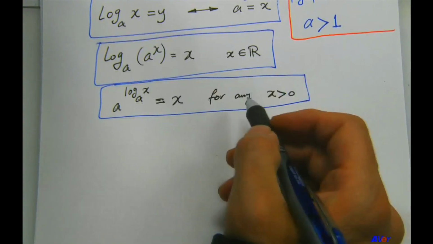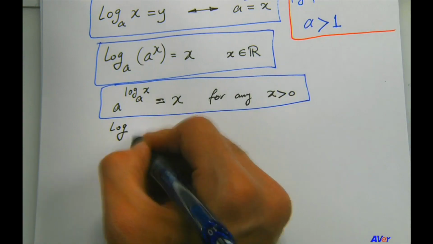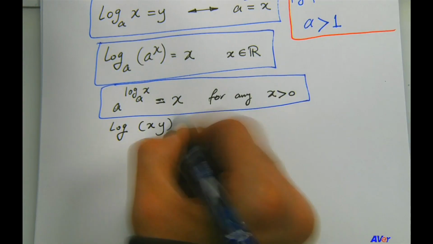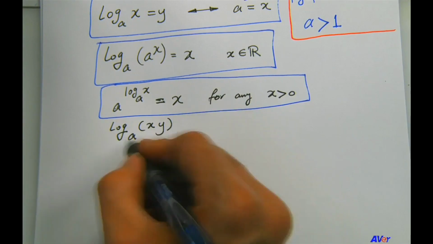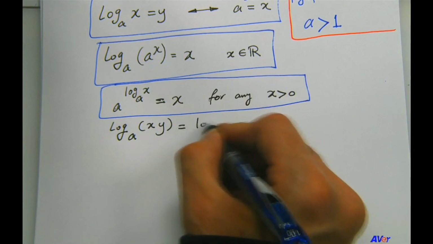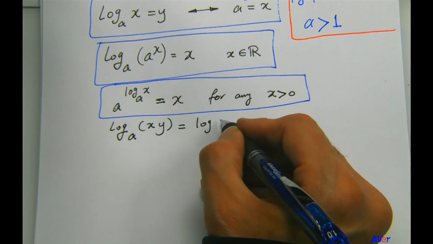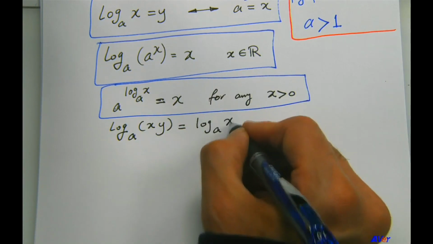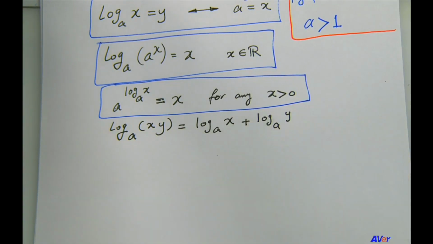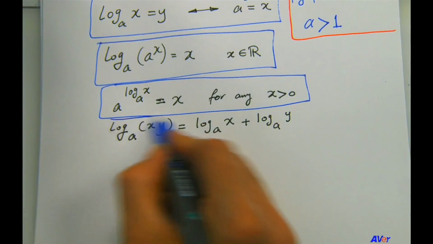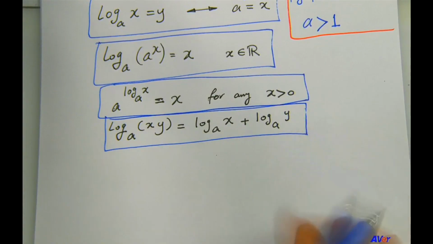And let's talk about this property, log of x times y. So x and y are being multiplied by each other, and this base is some base a. Then that is equal to, so the product problem or the multiplication problem can be converted to an addition problem, log of x to base a plus log of y to base a. I hope this is just refreshing your memory about these properties that you've seen before.